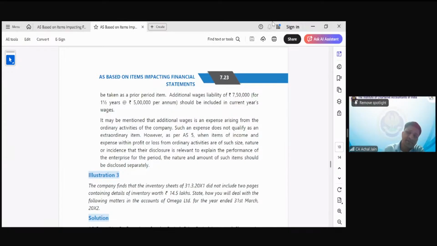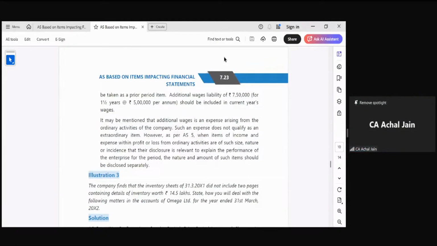Yeah, Shiv, clear? Anil is saying, sir, whether, sorry, I'm not sure. Maybe there's some typing mistake. Anyone else? Any more questions, any more doubts, please let me know quickly.